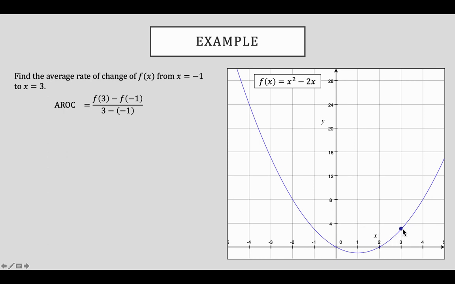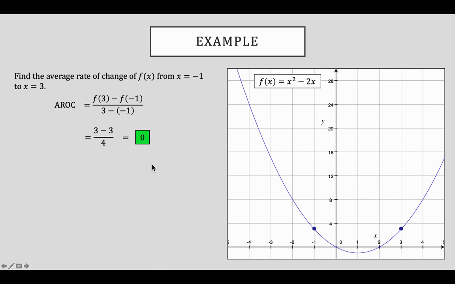So when I plug in 3, notice there's my point associated with 3, and there is my point associated with x equals -1. Plugging in 3 for x gives me 3 for y. And actually plugging in -1 for x gives me out 3 for y, leaving me with 3 minus 3 divided by 4. Well, simplifying that down, 3 minus 3 is equal to 0 divided by 4 gives me 0 for my final answer.